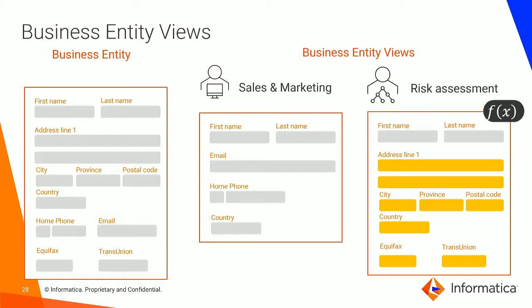Perhaps this is only for an online marketing campaign that they need this data for. Whereas someone in risk assessment has first name and last name in all the fields, and they actually have functions that take these fields, validate that the address is correct, validate that the scores are up to date, and things of that sort.